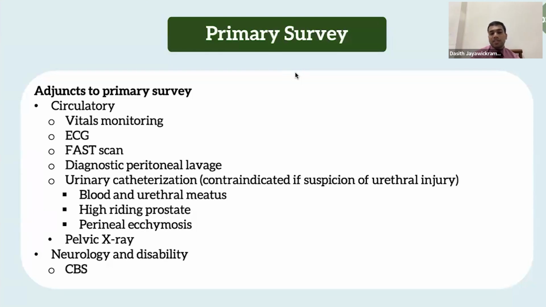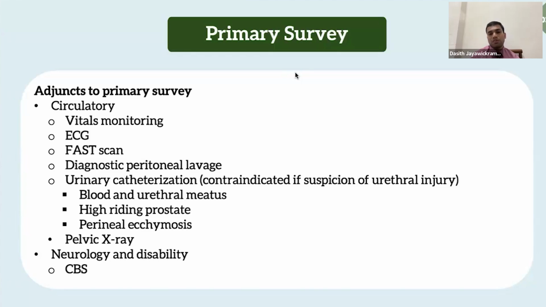And the disadvantage is that it is operator dependent. So imagine there's a very new medical officer who is not very experienced in FAST scans. He might miss a smaller bleed. If the intraperitoneal fluid is not large, it's a small volume, the person performing the scan might not see it, especially if he has not seen it multiple times.